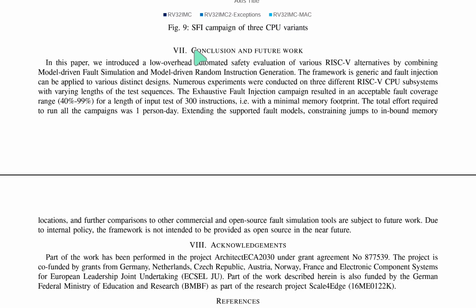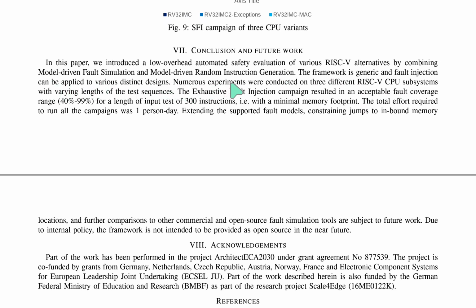Chapter 7, Conclusion and Future Work. In this paper, we introduced a low overhead automated safety evaluation of various RISC-V alternatives by combining model-driven fault simulation and model-driven random instruction generation. The framework is generic, and fault injection can be applied to various distinct designs.